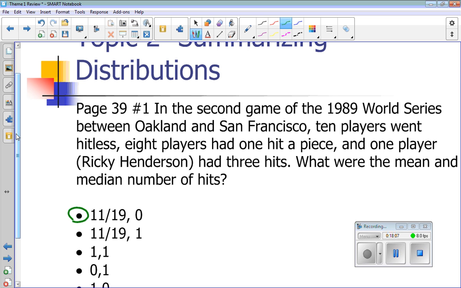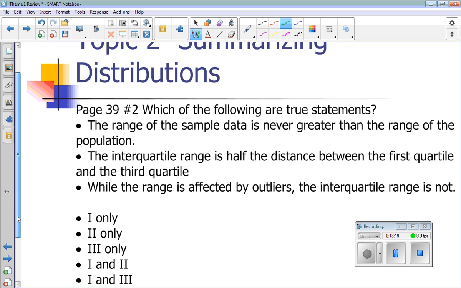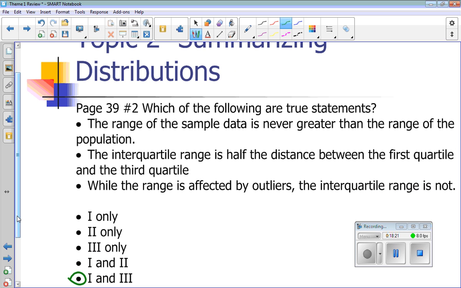Did I skip one? We're not there yet. All right, topic 2, the next question. Okay, why is this one wrong? Why is Roman numeral 2 not correct?